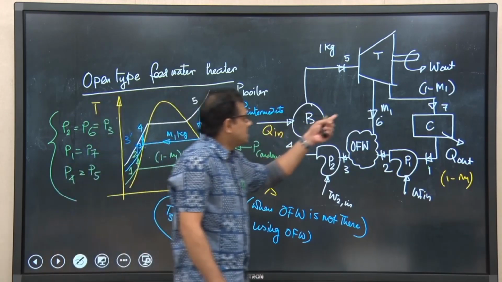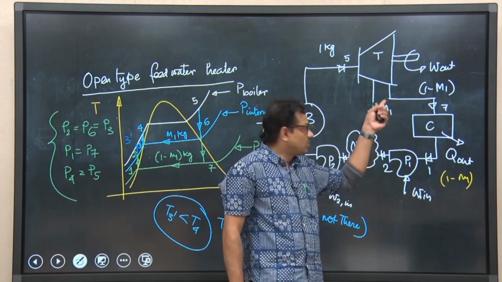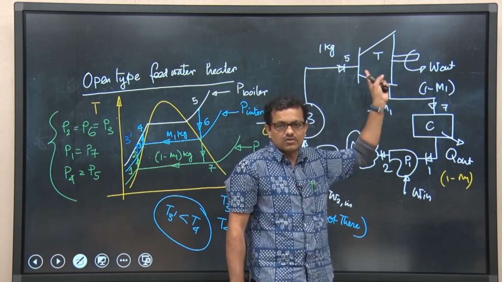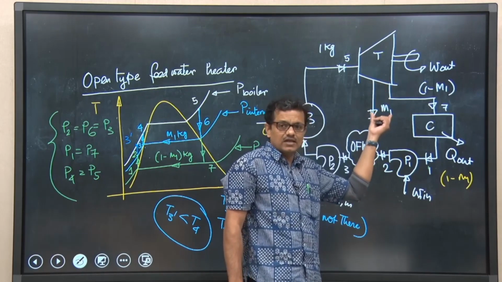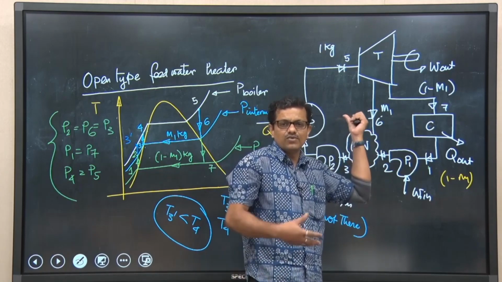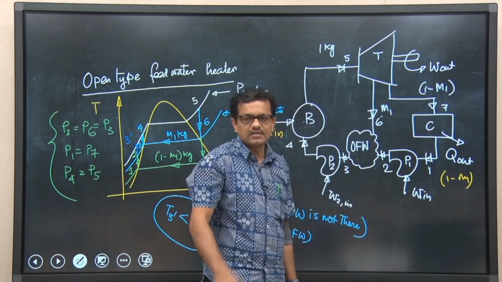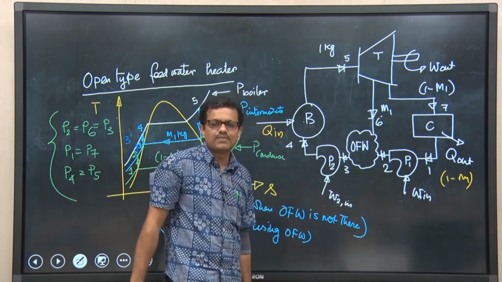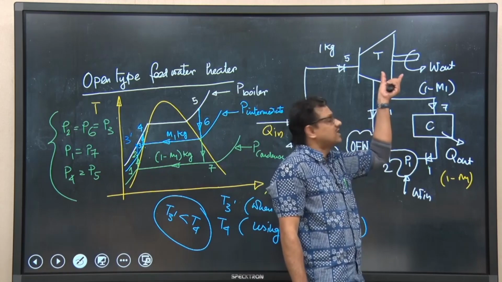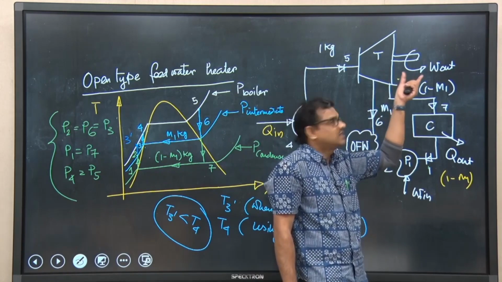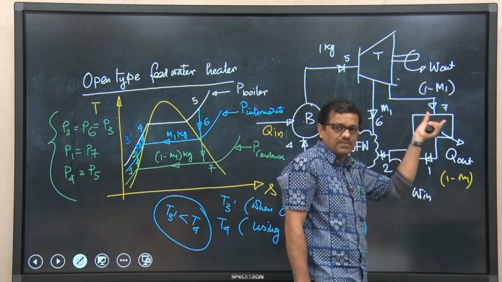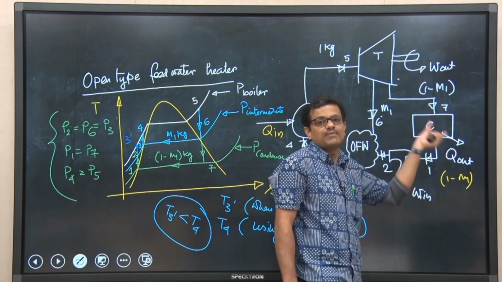So, by extracting steam, momentarily we compromise the W out, that is true, but this steam increases the temperature of the feed water before it enters the boiler, which in turn increases the efficiency by increasing the average temperature of heat addition. Had this steam been allowed to expand in the turbine, I do agree that we would have obtained more work, but the heat rejection would also have increased.